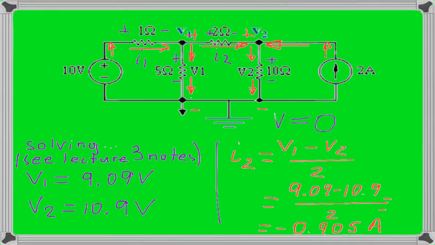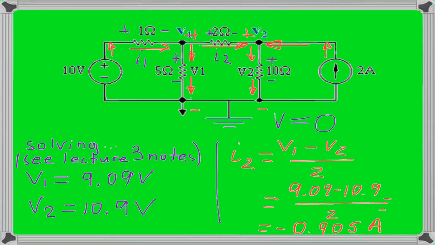You don't have to worry that your answer is negative. This only means that the actual current I2 is flowing in the opposite direction. If you remember, I advised you that sometimes you need to guess the direction of the current. So basically your solution will show if you proposed the right direction or wrong.